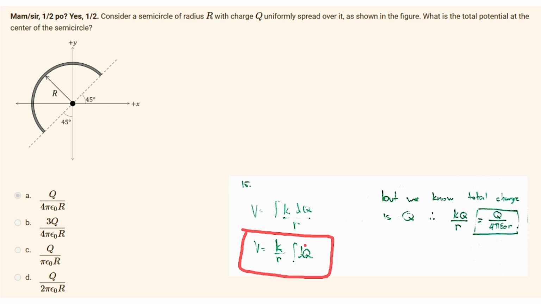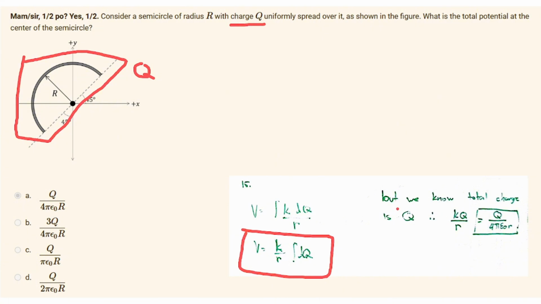But there's a trick: the charge q is uniformly spread over it, which means this entire thing is charge q. Since it's just charge q, the integral of dq is just q. So it's kq over r, which is q over 4 pi epsilon naught r.